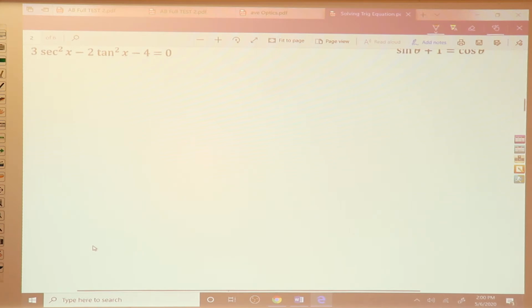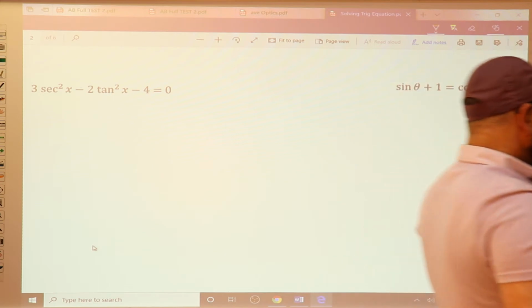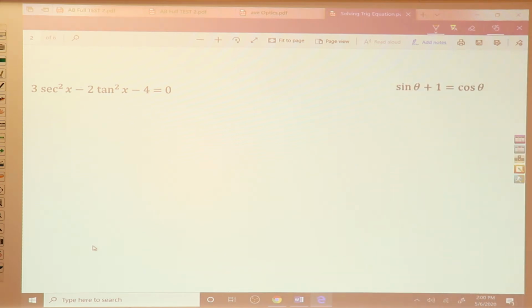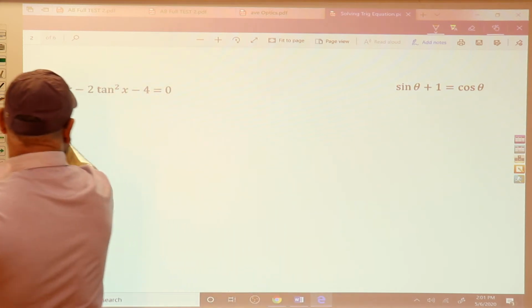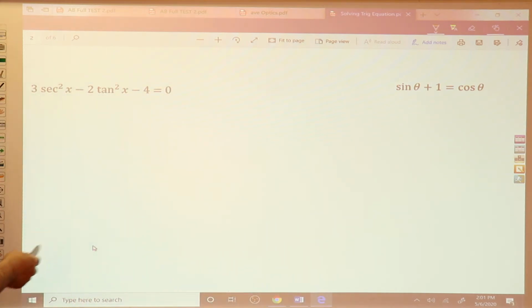Three secant x. I let you think about this one. I cannot solve when I have secant and what? Tan. Either secant or tan.